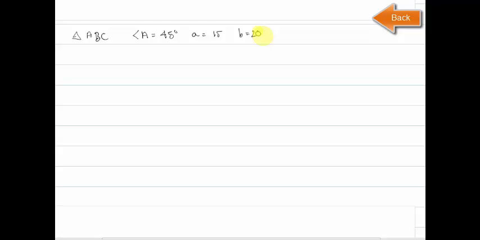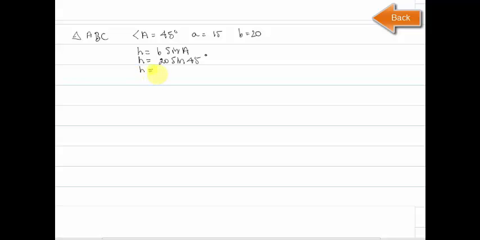Okay, the first thing that I want you to be able to do is to look at this information and decide on whether you have an ambiguous case or not. So let's find the height. We know that the height for this triangle will be B sine A. And so the height is equal to 20 times the sine of 45 degrees.